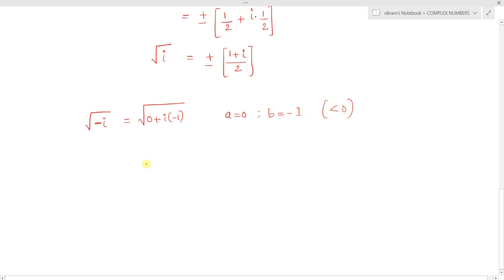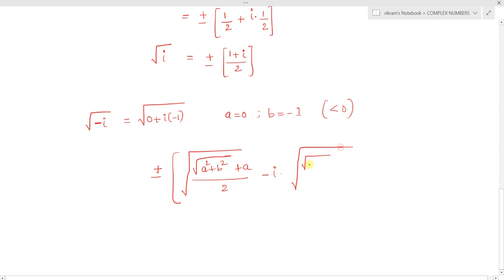If b is less than 0, then we use the formula plus or minus, square root of (square root of a square plus b square plus a) by 2, minus iota into square root of (square root of a square plus b square minus a) by 2.